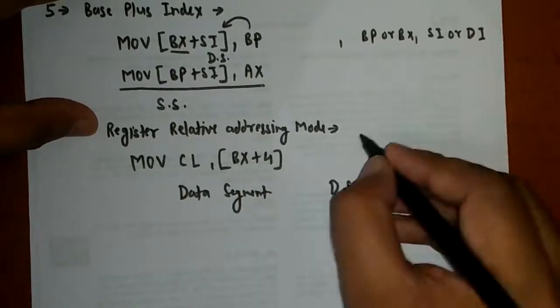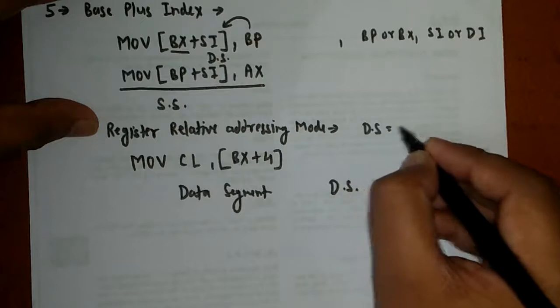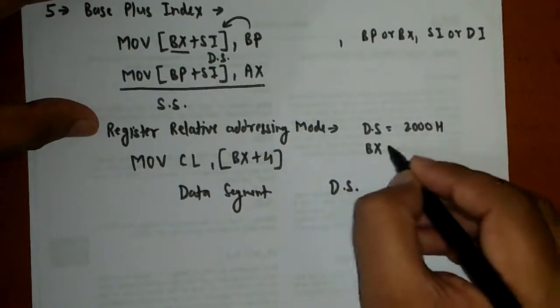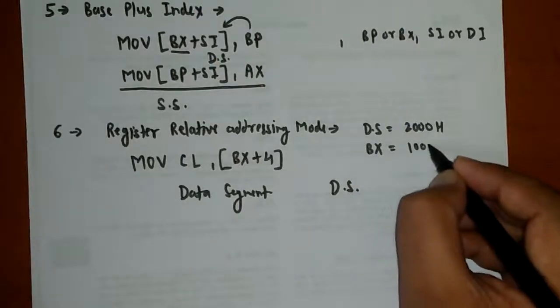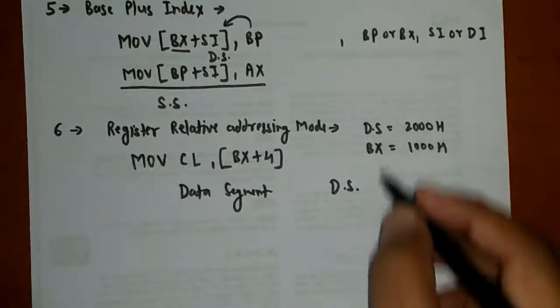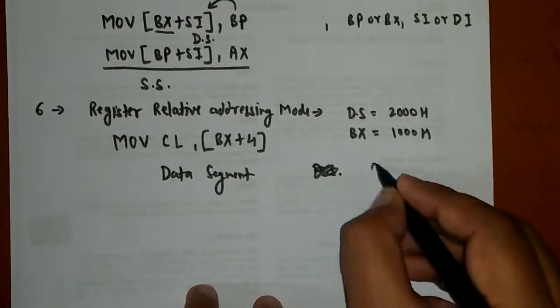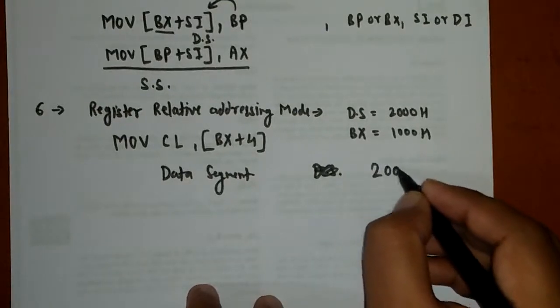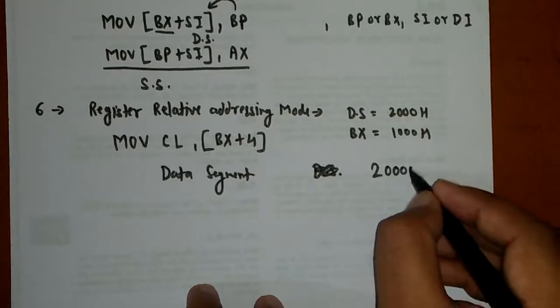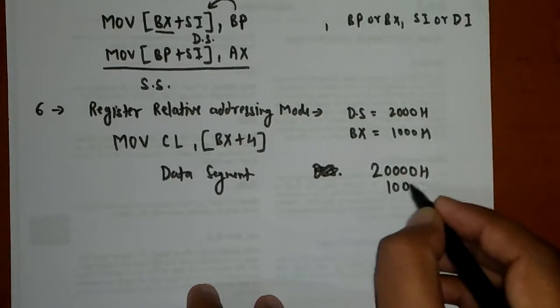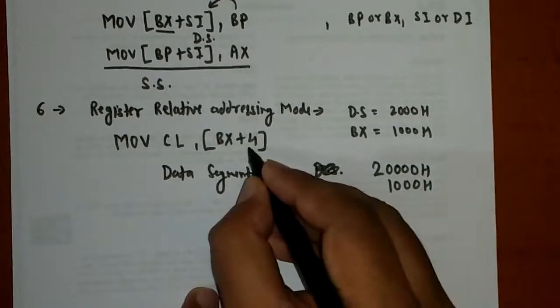Okay, let us assume the data segment is having 2000h. Assume BX is having 1000h. In this case, you will get the 20-bit address in this way. First, you write the content of the data segment, then you add a 0, then you add the content of BX, 1000, and you also add the value present here, 4.